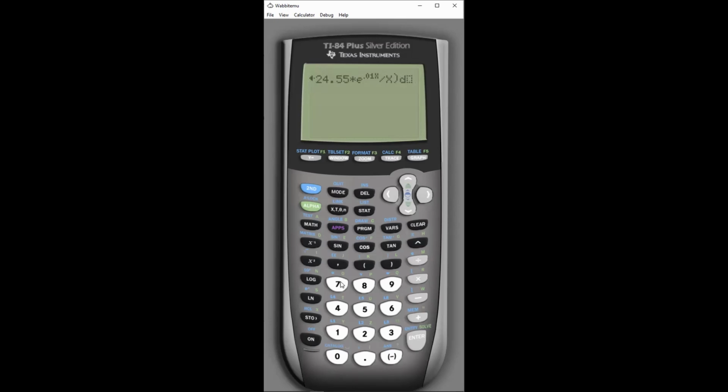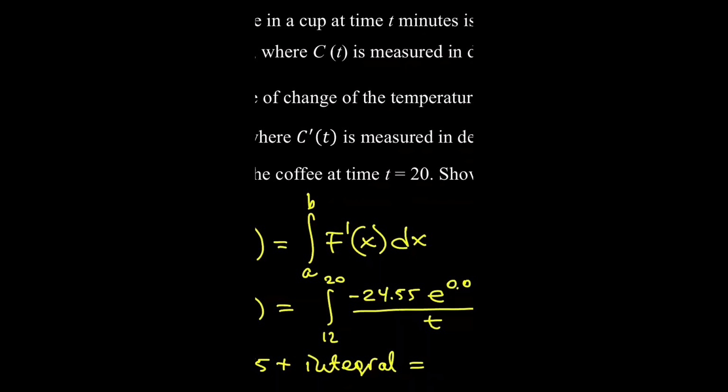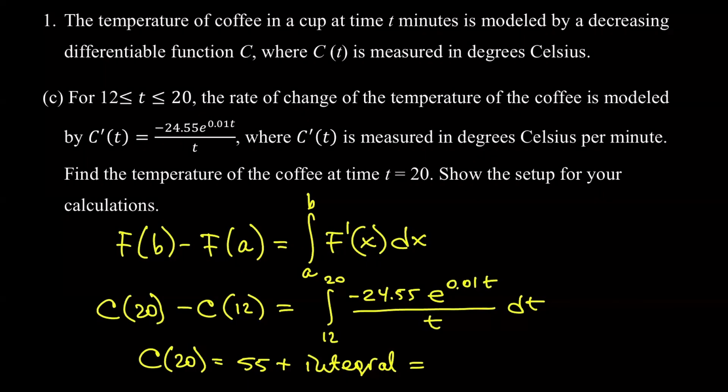And then we also need to add the value c of 12, which is 55. So enter. The answer is 40.329 degrees Celsius. And so, as we just calculated, c of 20 is 40.329 degrees Celsius.